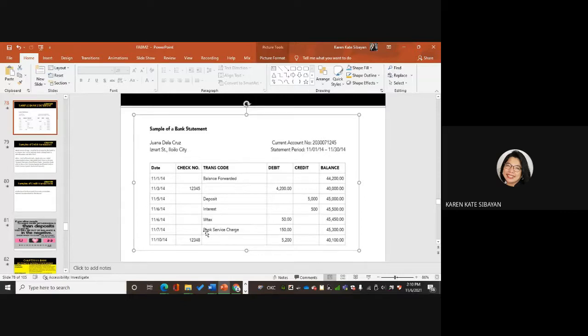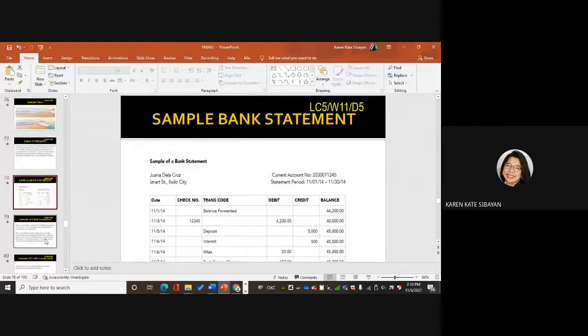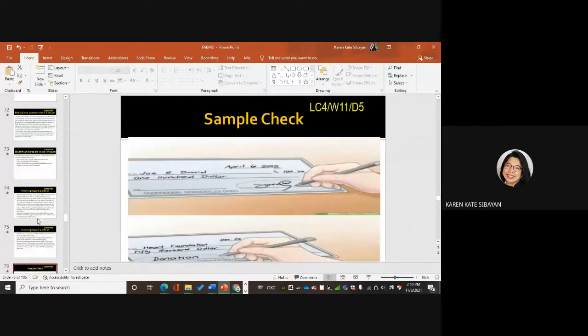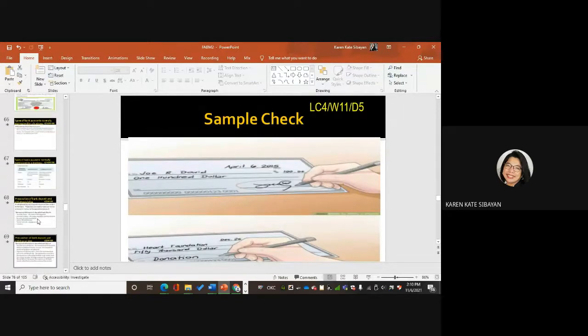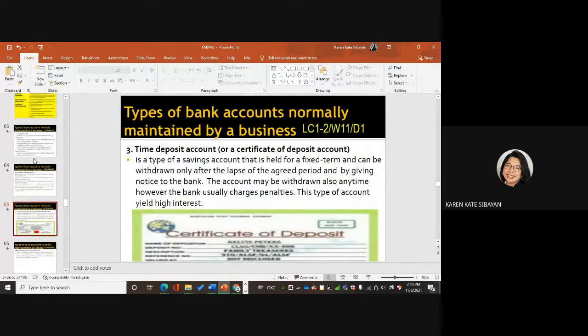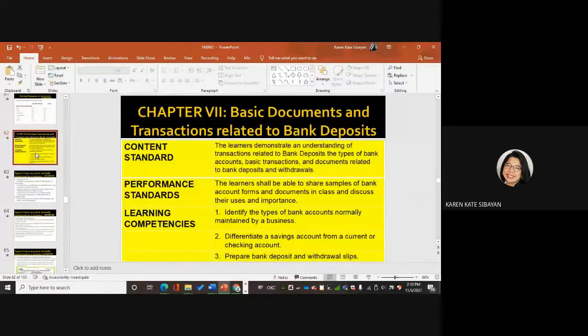Okay? So, yan. These are just some of the things na kailangan tandaan or aralin. Because these are the basic documents that are related to bank deposits. Okay? So, are you aware of the GCash, right? Hello?